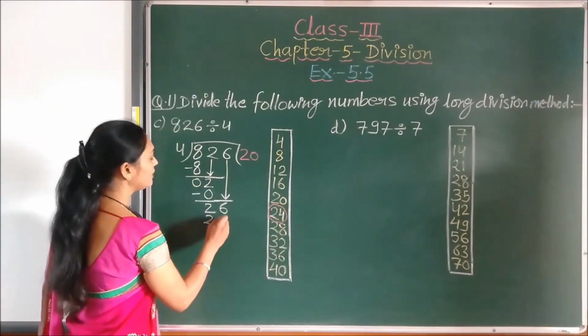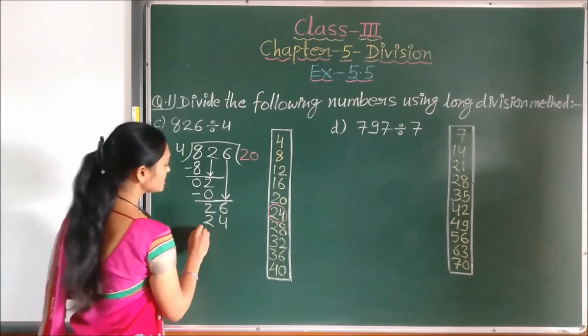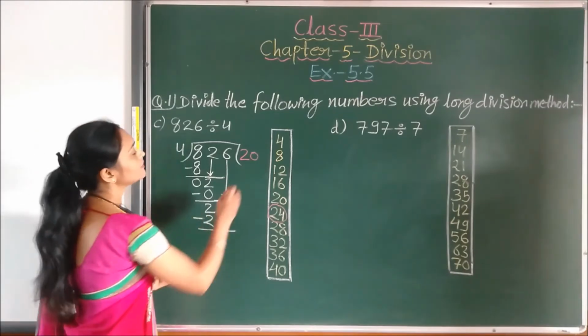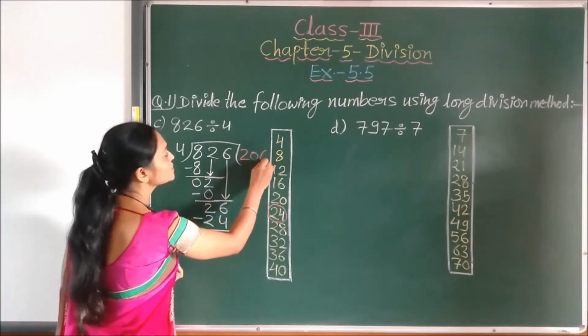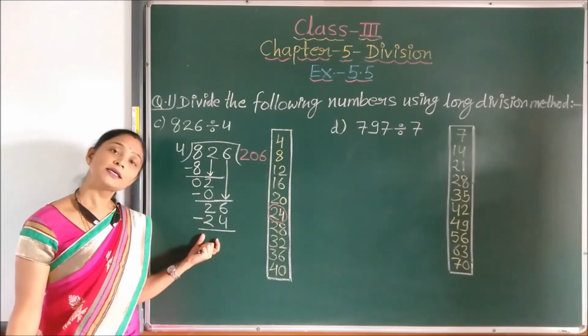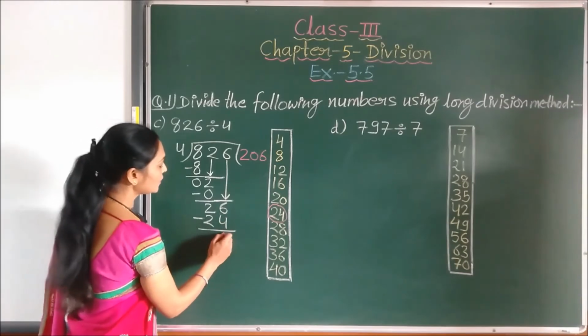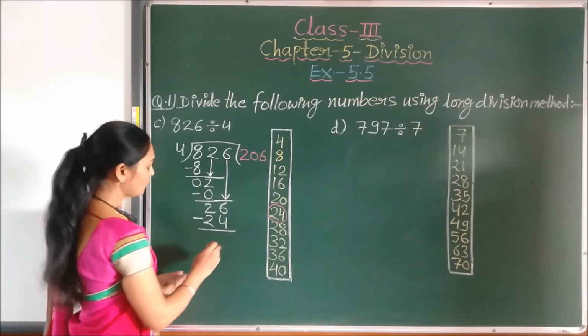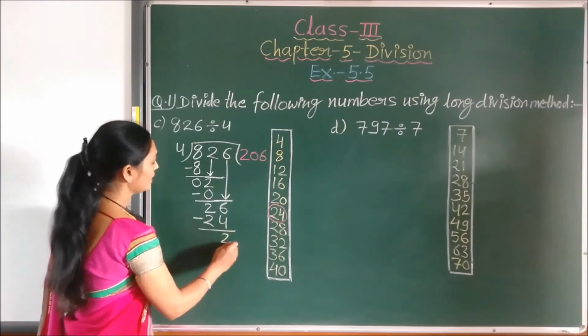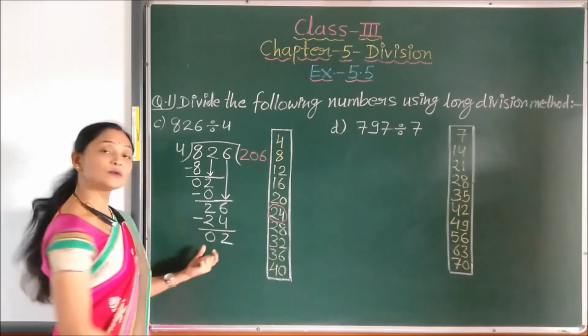Here we have to write 24 and subtract, and here we write 6 because we read the table 6 times. Now we have to subtract this. So 6 minus 4, 2, and 2 minus 2, 0.